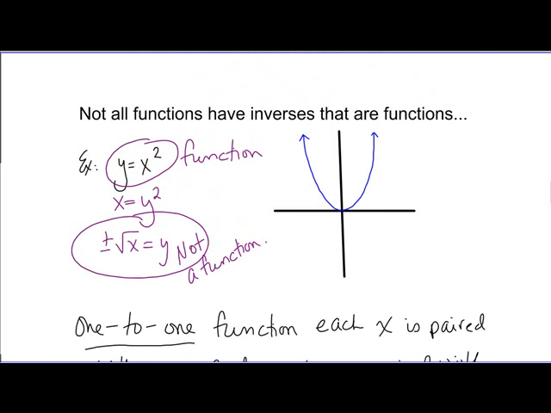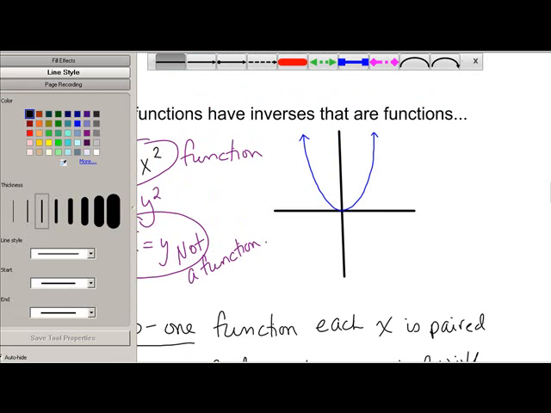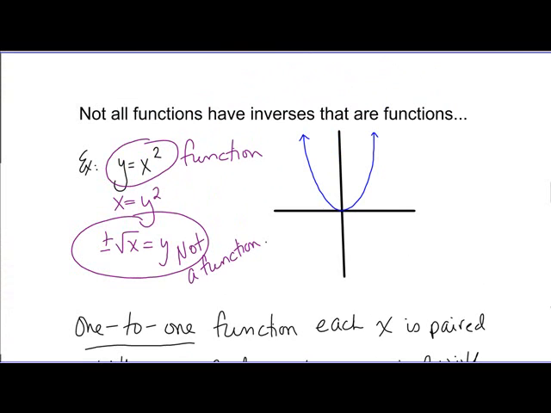So let me go back to the example that we started with, our y equals x squared function. If I put a horizontal line on that graph, you can see that where I chose to put it, at least, that horizontal line is going to intersect that graph twice. So what we're seeing here, the horizontal line represents a y value, and there are two different x values that are paired with that one y value.